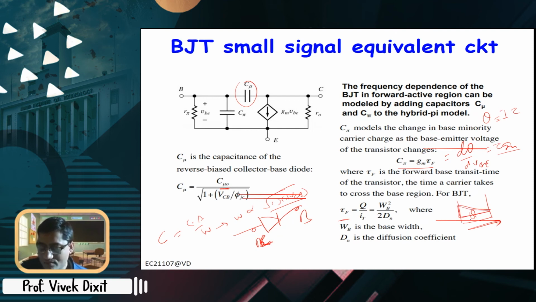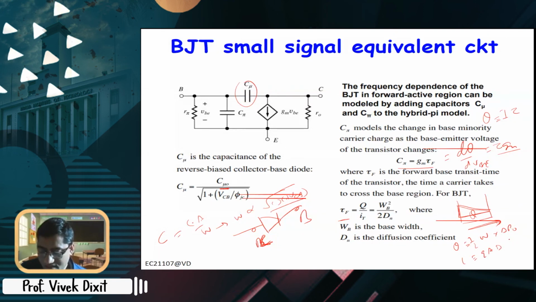Especially for a narrow base, we can write q is equal to half times base width times the maximum concentration, delta p, exponential qV by kT, those things. Let's call it delta p naught. And then your I is basically the slope of this thing, so q A D times dp by dx.